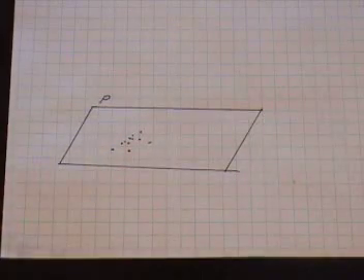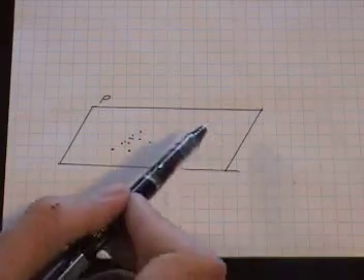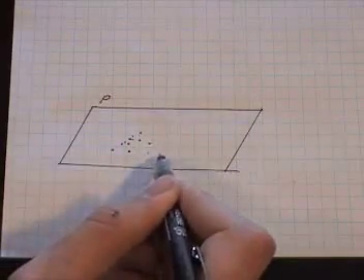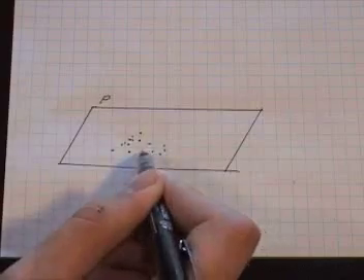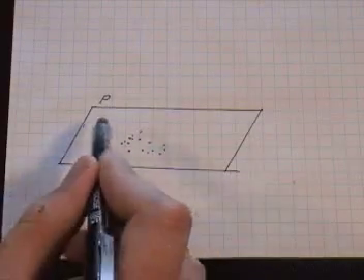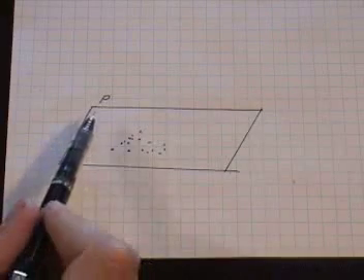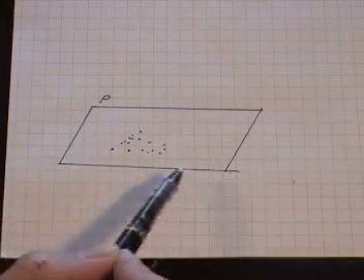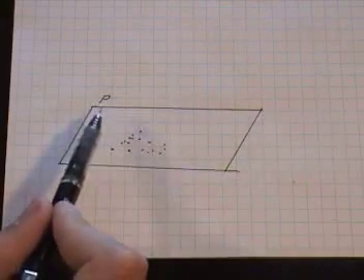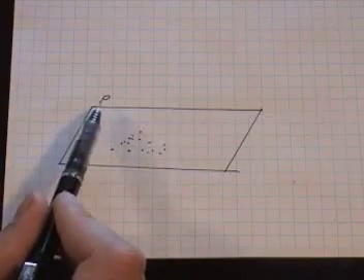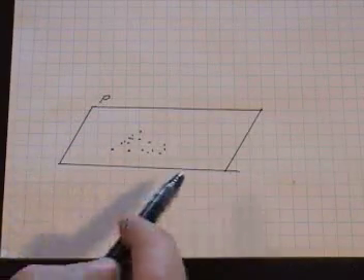That word means they're just everywhere on here, in every region. And if you were to keep doing this, keep putting on little points, you'd eventually fill this up. And that's the way you picture a plane. We also use lowercase letters to name these as well. We're naming this lowercase p for this plane.